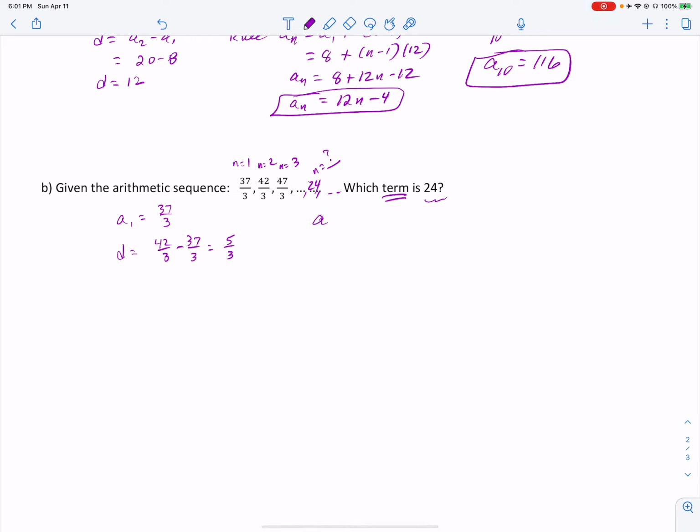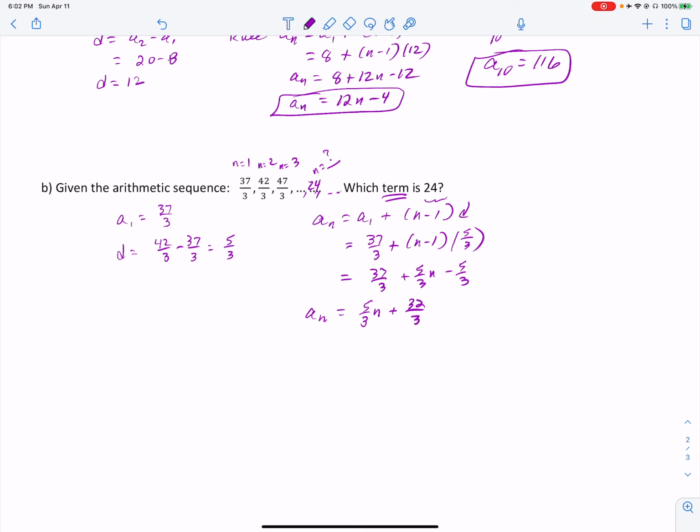So now for my general rule, a sub n is a sub 1 plus n minus 1 times my common difference, which is 37 thirds plus n minus 1 times 5 thirds. So 37 thirds plus 5 thirds n minus 5 thirds. And my a sub n is 5 thirds n plus 32 thirds.